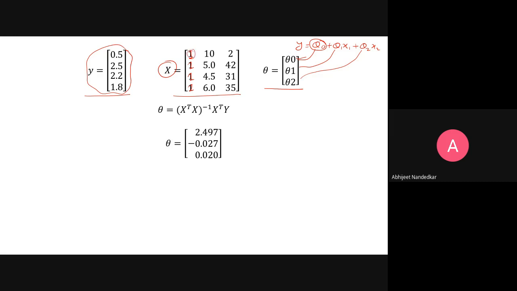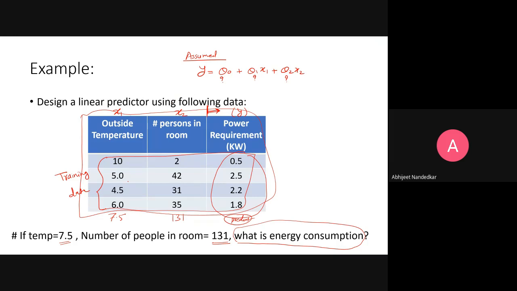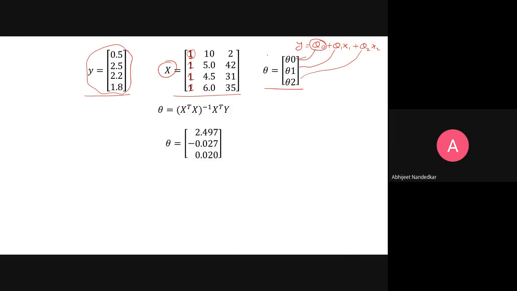Then I write the entries for the respective samples: 10 2, then 5 4 2, then 4.5 31, and 6 35. So 10 2 is the first sample, 5 4 2 is the second sample, 4.5 31 is the third sample, and 6 35 is the fourth sample. Suppose there is a fifth sample, then you add 1 here and then write the fifth sample, and so on. That will be your procedure.